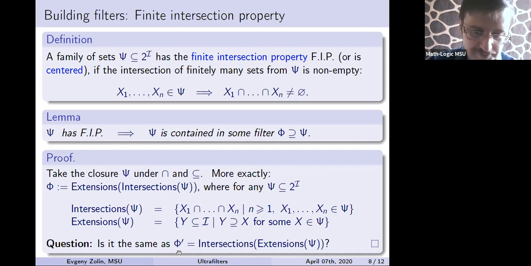So you can simply ask, take any family of sets, not necessarily with the finite intersection property, just any psi, any subset of 2 to the power I. Is it always the case that the intersections of extensions of psi equal the extensions of intersections of psi? And in particular, if psi has the finite intersection property, then in both cases we obtain a filter that contains psi. Okay, so this is the exercise.